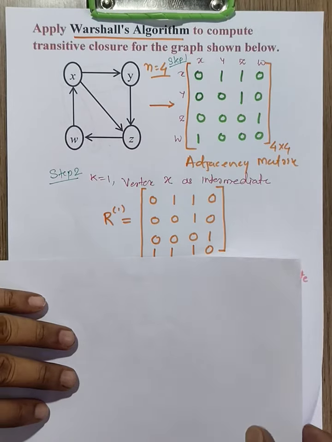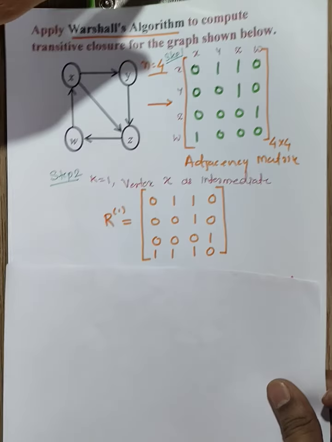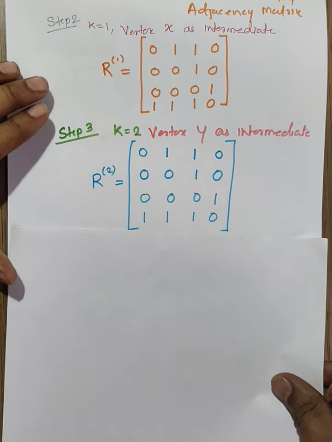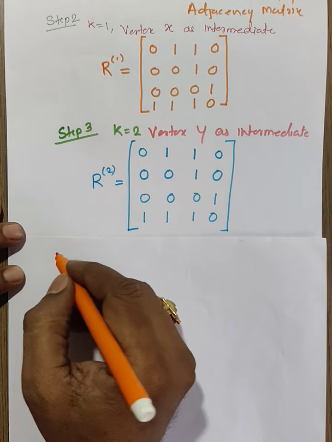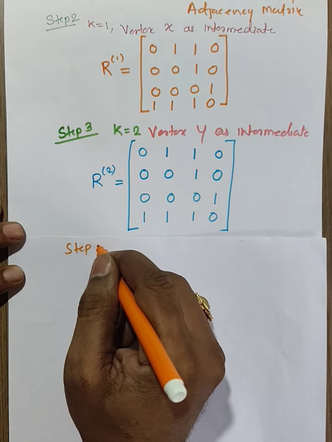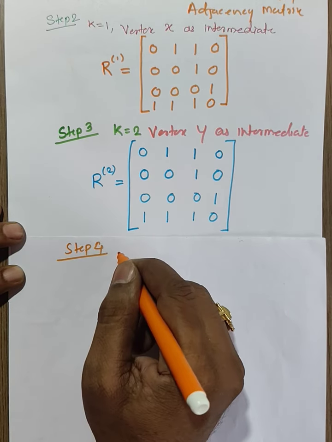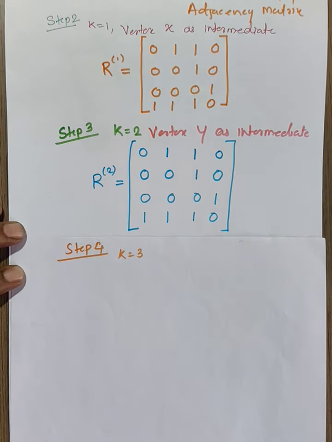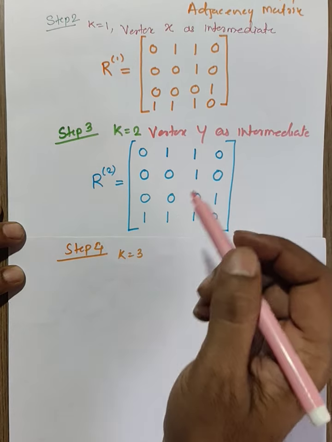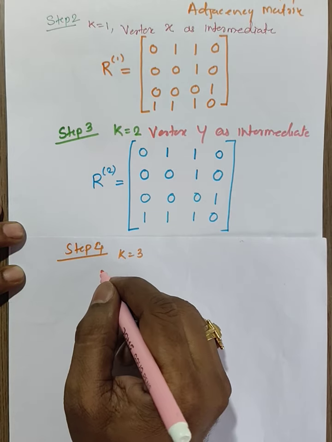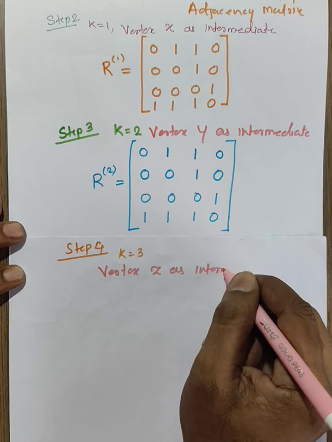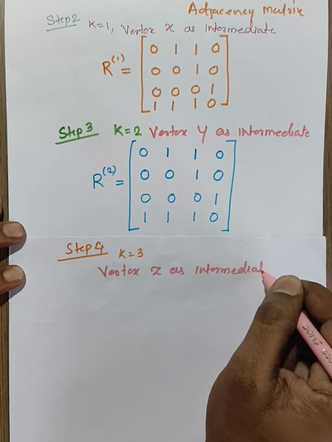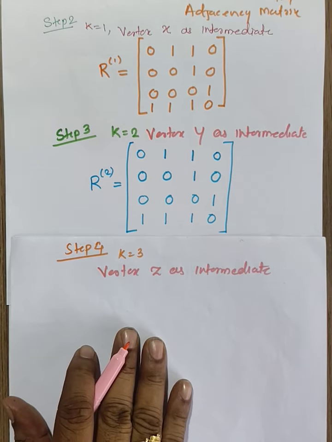R to the power 3 means there are 3 intermediate vertices. If there are 3 intermediate vertices, check here. Next step, step 4. In step 4, k equal to 3, and k equal to 3 means vertex z as an intermediate vertex.